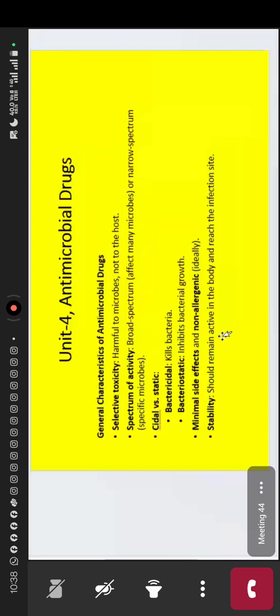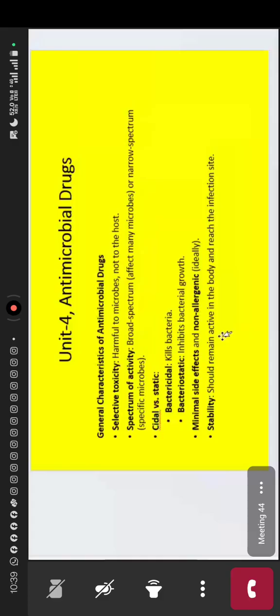If a person is infected with malaria, and we are giving them the anti-parasitic drug, because malaria is a parasitic infection, the drug is effective against the parasite only. It doesn't harm the person who harbors the parasite, right? So antimicrobials have selective toxicity. It means they are harmful to microbes only, not harmful to the host.